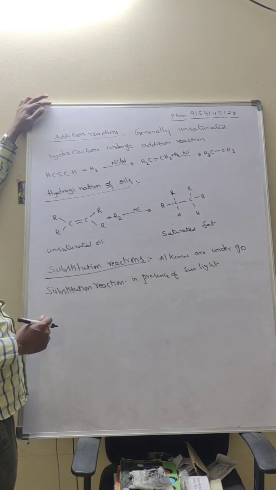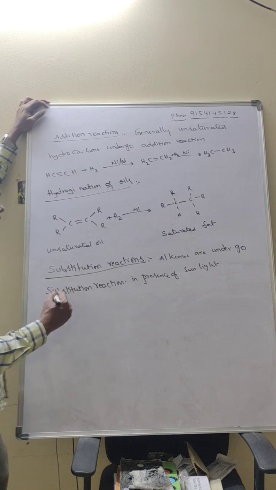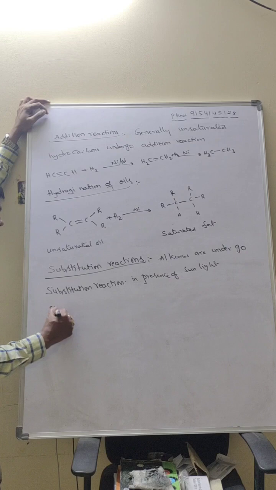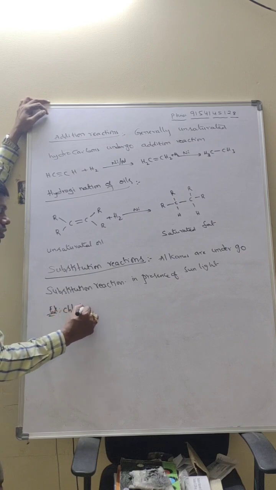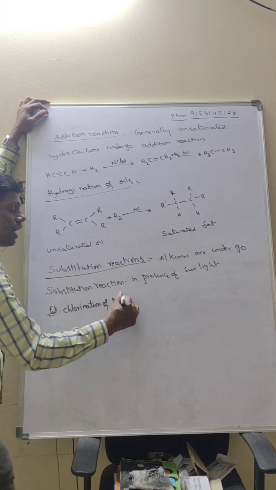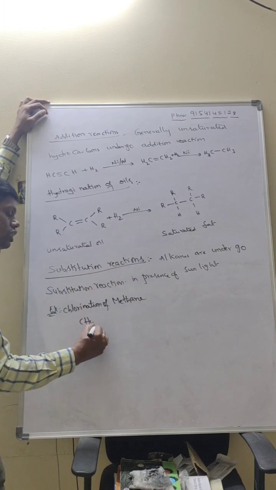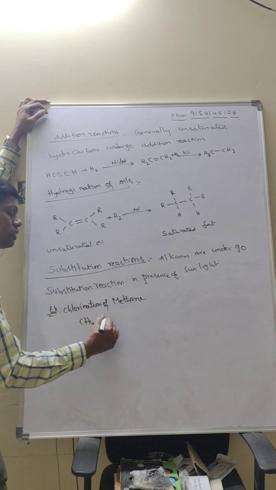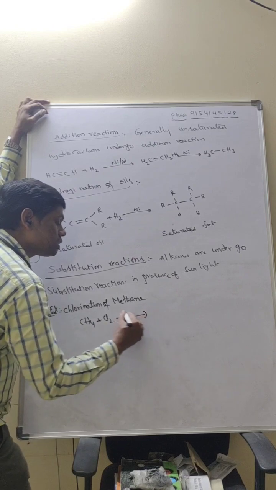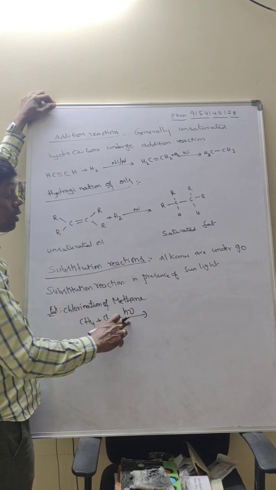Methane reacts with chlorine and gives chloromethane in the presence of sunlight. That is called chlorination of methane. CH4 plus Cl2 in the presence of sunlight gives CH3Cl plus HCl.